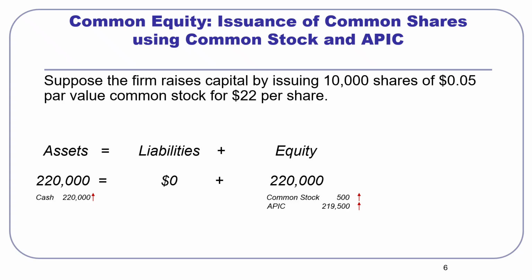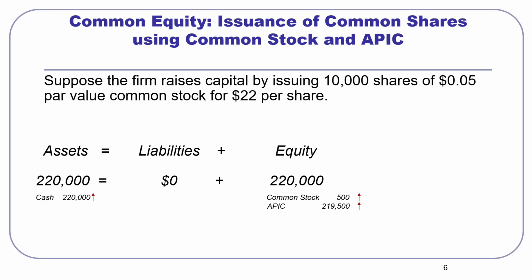There are no liabilities from this transaction since the firm doesn't owe anyone anything, which must mean that shareholders' equity has gone up by $220,000 in total. The accounting rules dictate that this total be split into two separate accounts. The first is the account common stock, which would increase by $500. The $500 equals the par value of 5 cents per share times the 10,000 shares issued.